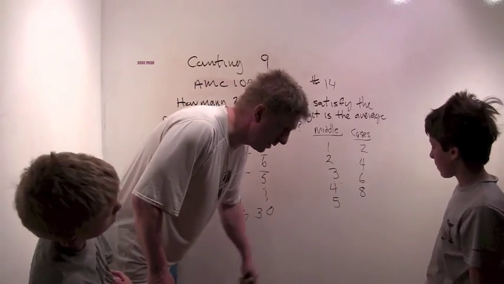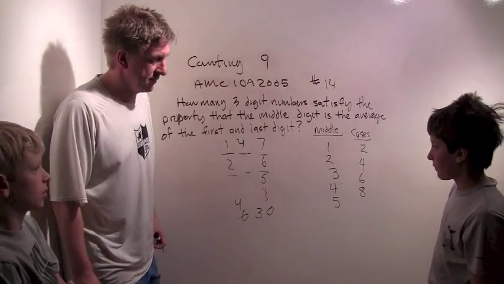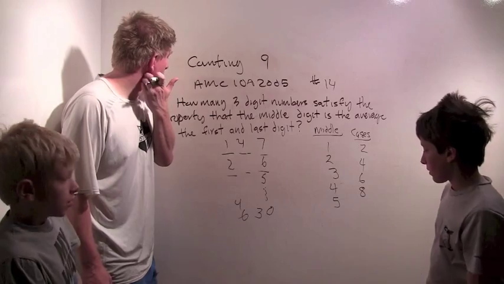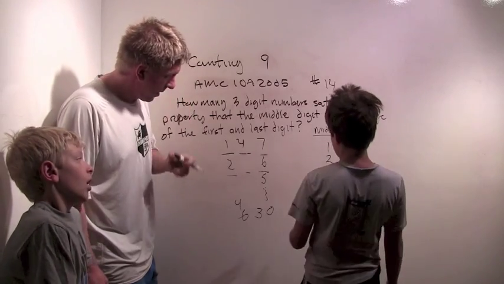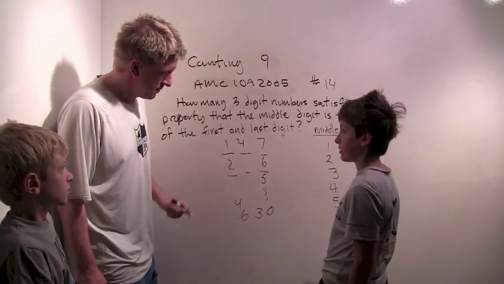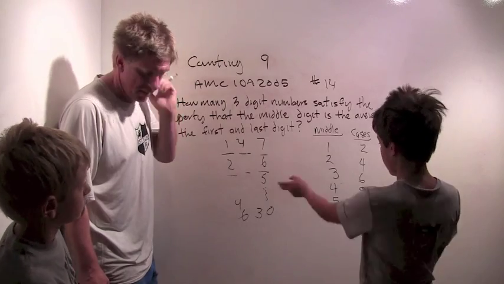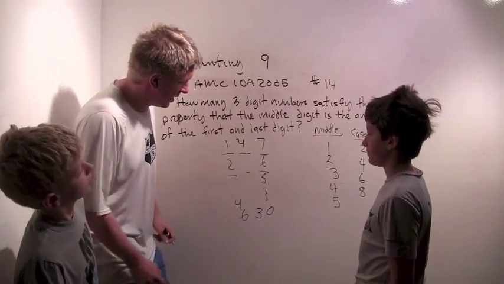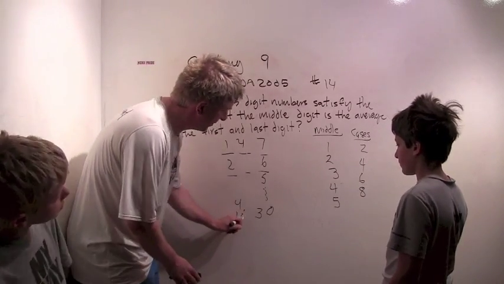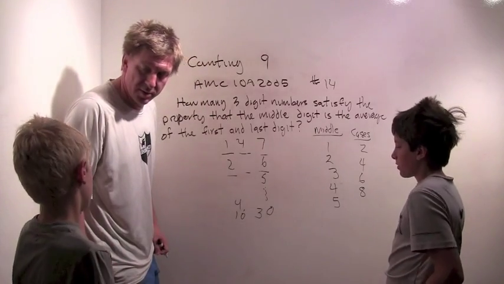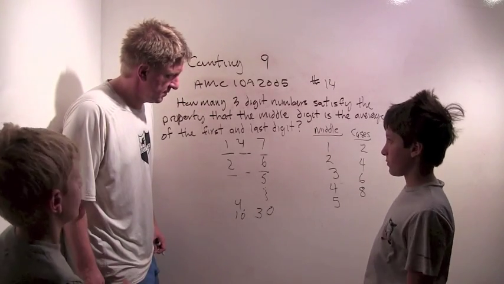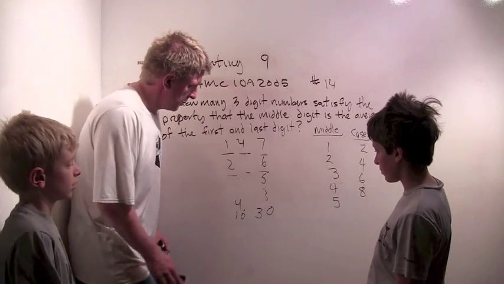Okay. Now, what happens with 5? Well, with 5, the problem starts that you can't do this last one. Okay. Because you would have 10, 3, 0. Ah, so this is a 3-digit number, 10, 3, 0. No. The 4-digit number. Okay. So we have to throw one out.